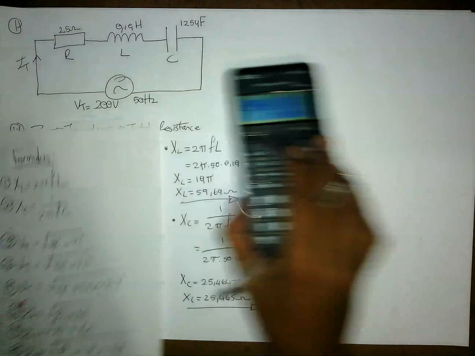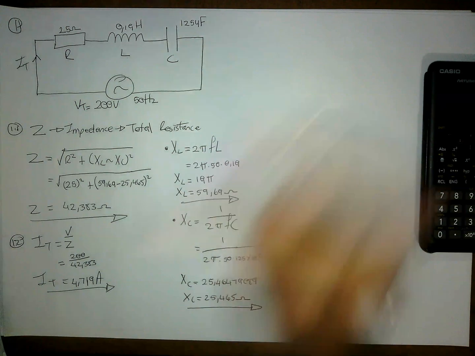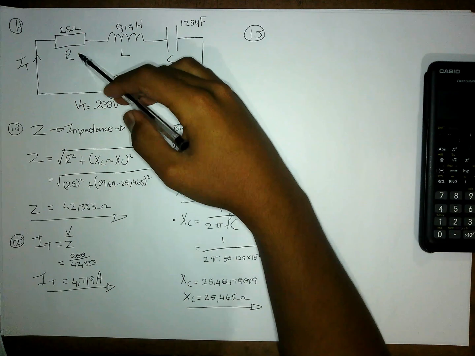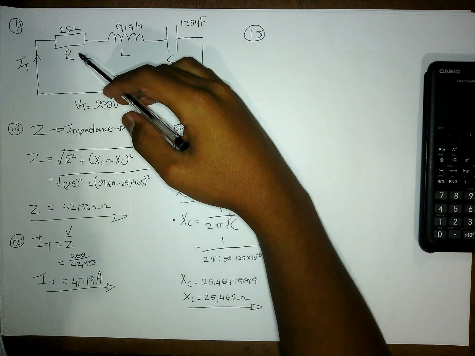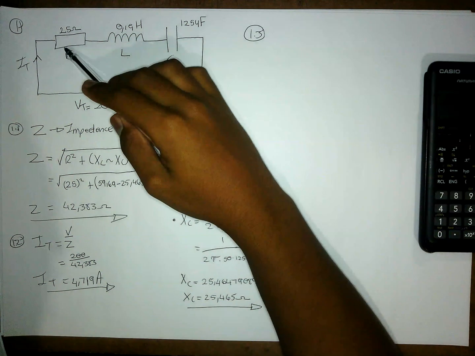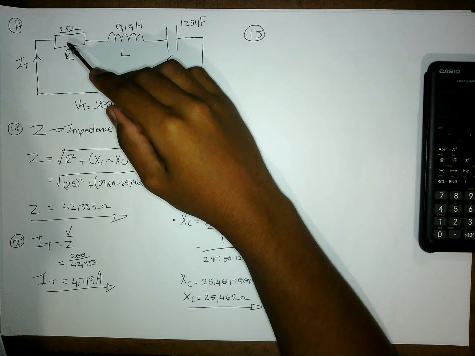So now they're asking for the voltage drop across the resistor, and for that we're going to need the current and the component's resistance.